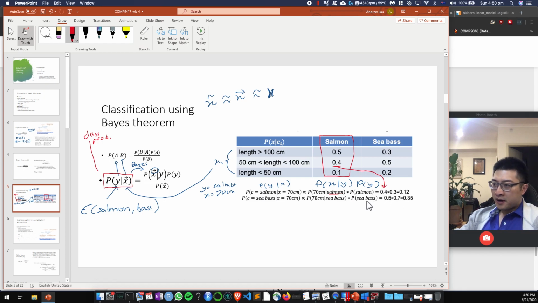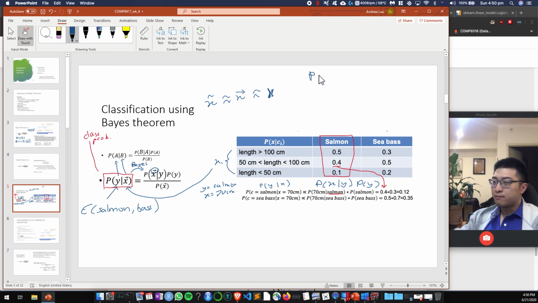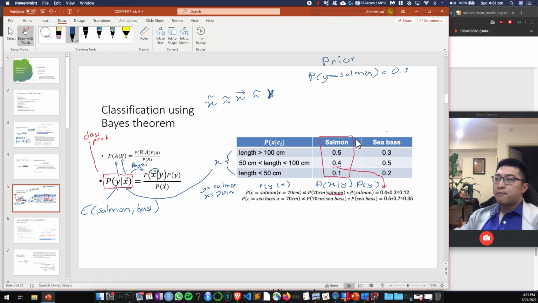And then the next step is we want to work out what the probability of salmon is. Now this is actually given to us earlier, so maybe I should have just pretended I wrote something down here. Let's just say it's known. This is what's called a prior. It's called prior because prior to seeing any features, prior to actually seeing how long the fish is, this is the probability of it being salmon.